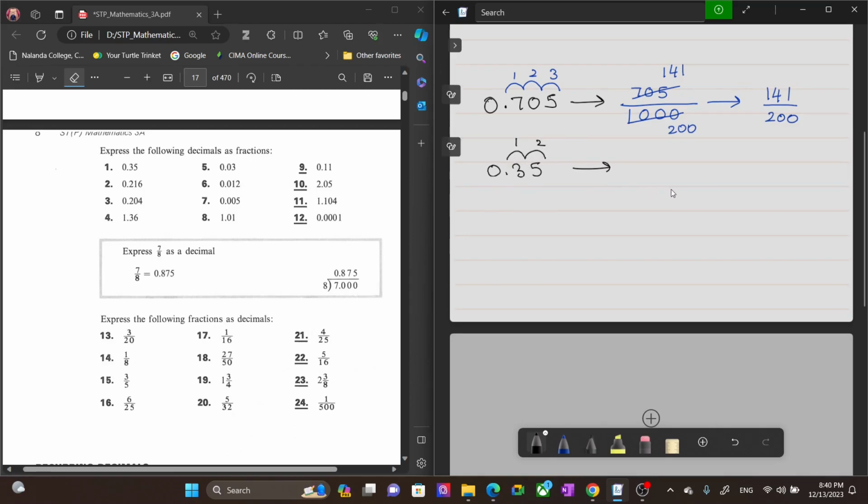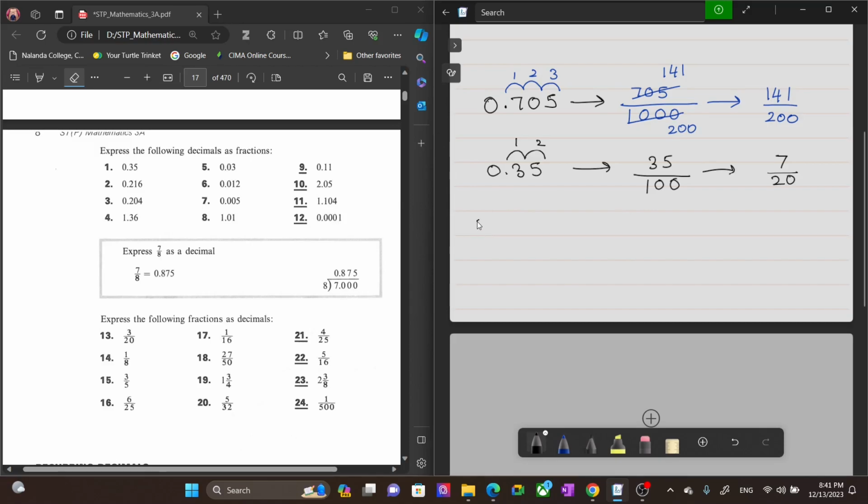So we get two zeros and a 1, which is 100 in the denominator. In the numerator, we put the number without the decimal point, 35. Now we can simplify this further to 7 over 20. Got that.